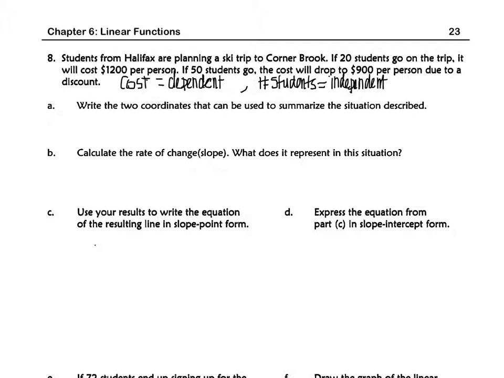So based on that, we know that our ordered pairs should have the independent variable first, which would be, for the first one, 20 students going at a cost of $1,200, and the other ordered pair would be 50 students at a cost of $900.